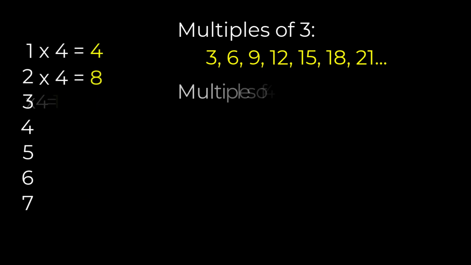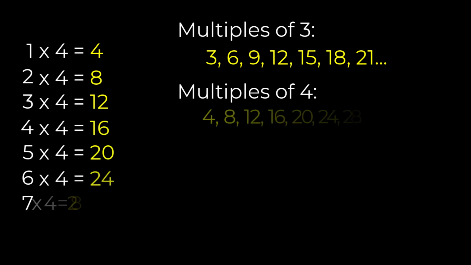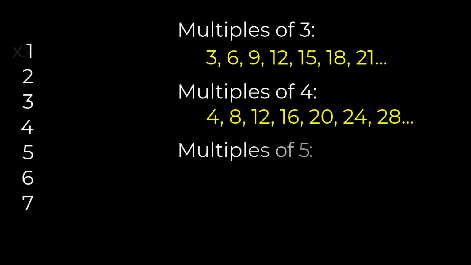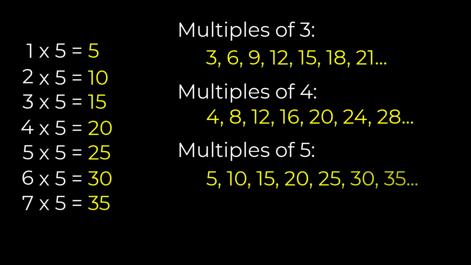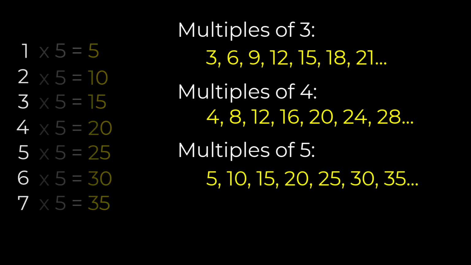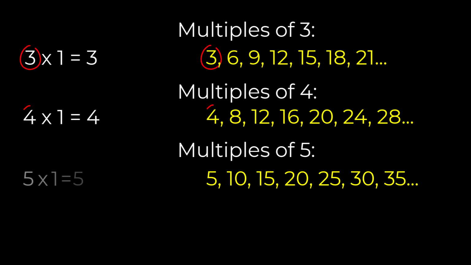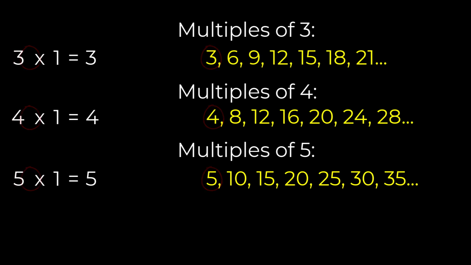Let's also write down the multiples of 4 and 5. One of the things I would like you to notice is that every number has itself and 1 as a factor. This makes sense. 1 is the multiplicative identity, so by definition, any number multiplied by 1 is that number.